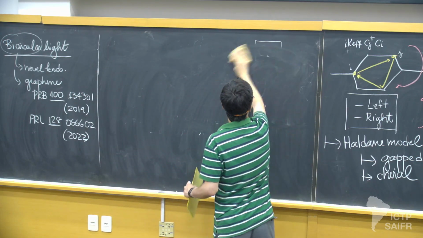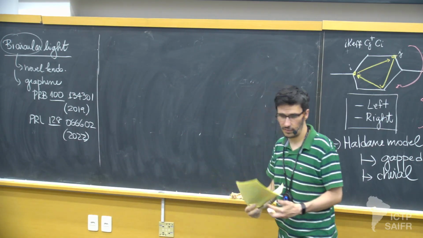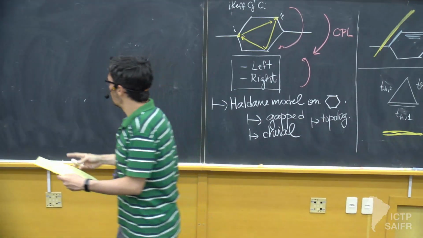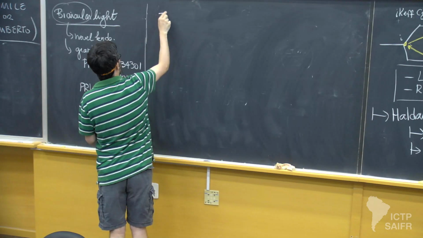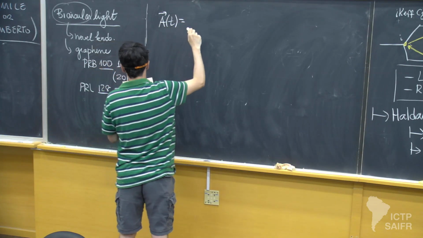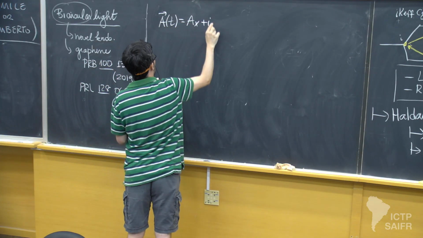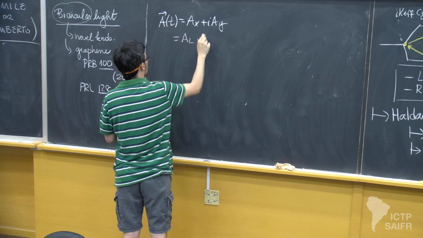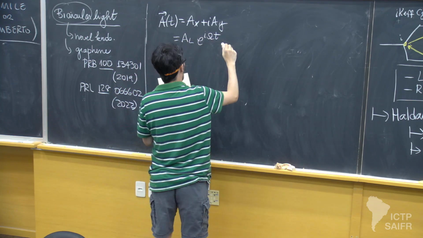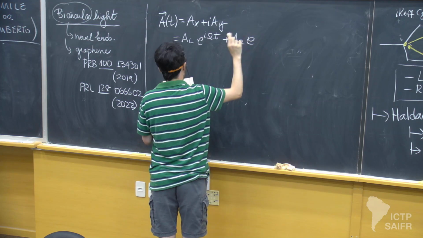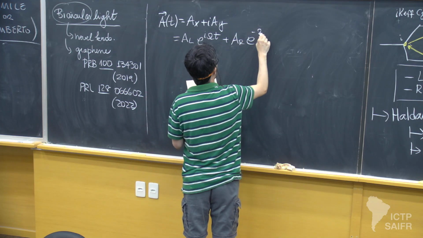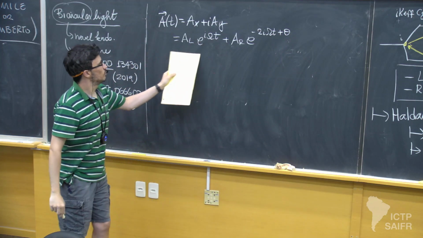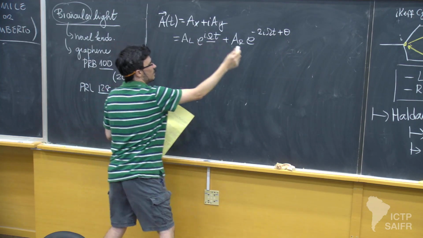You can find interesting things. So for bicircular light, I will not give a full course on it. It's electrodynamics, at the end of the day, of course. You can choose A of t that you can write down as A_x plus i A_y, and this is A_L e^{i omega t} plus A_R e^{-2i omega t + theta}. So you have two frequencies: omega and 2 omega.